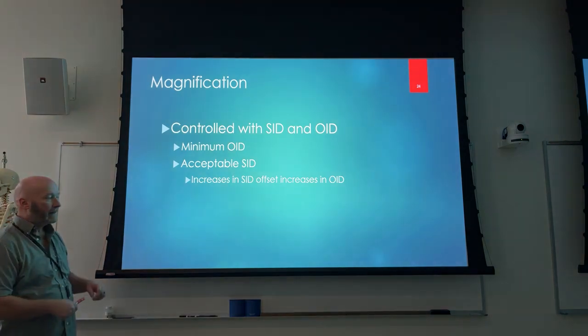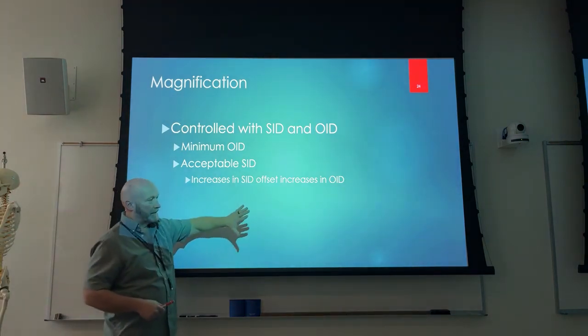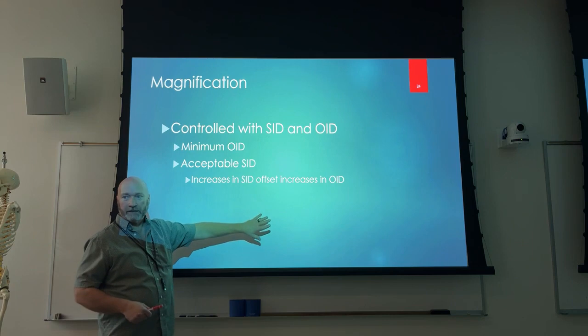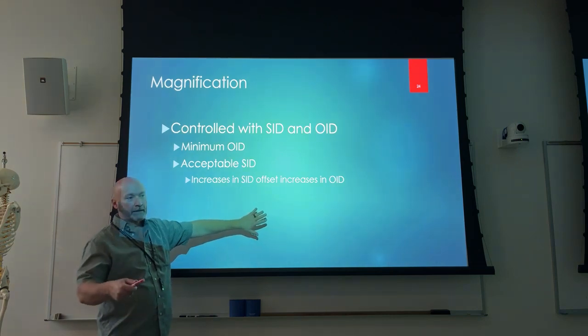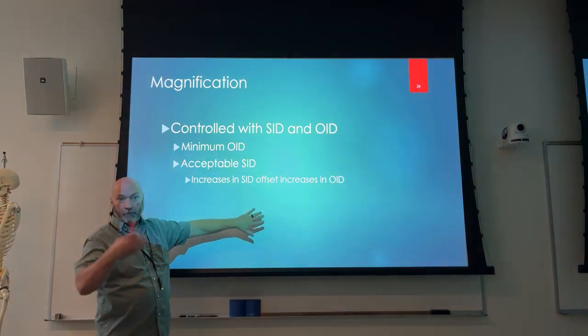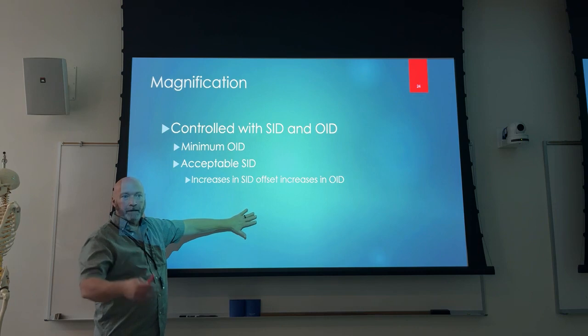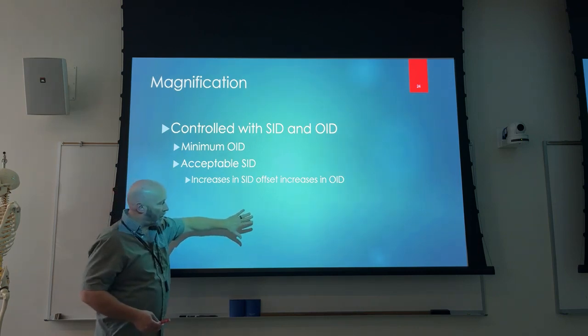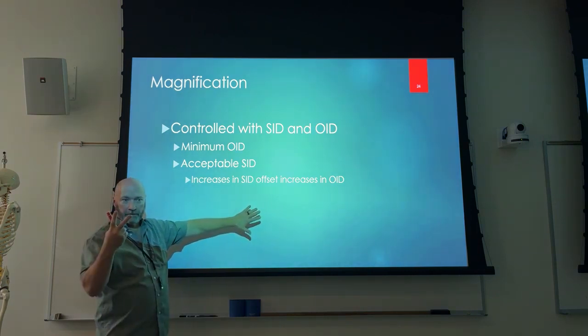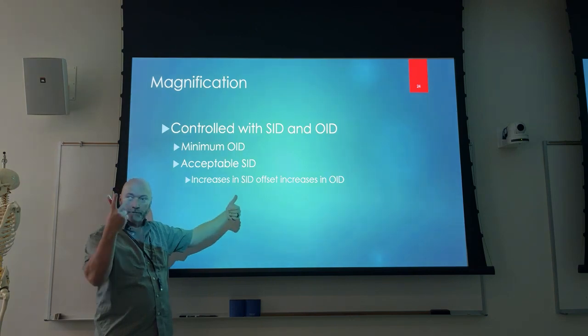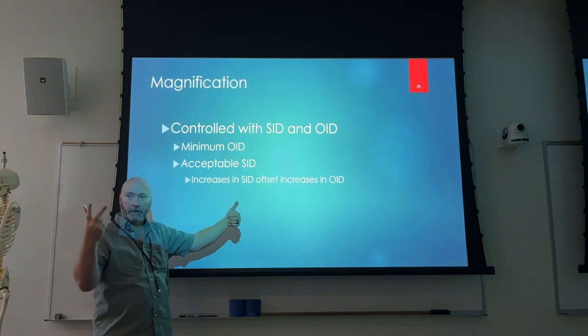What I mean by that is if you took an image with 1 inch OID at, let's say, a 40 inch SID, and then you increase your OID to 2 inches, that's a factor of 2, right?